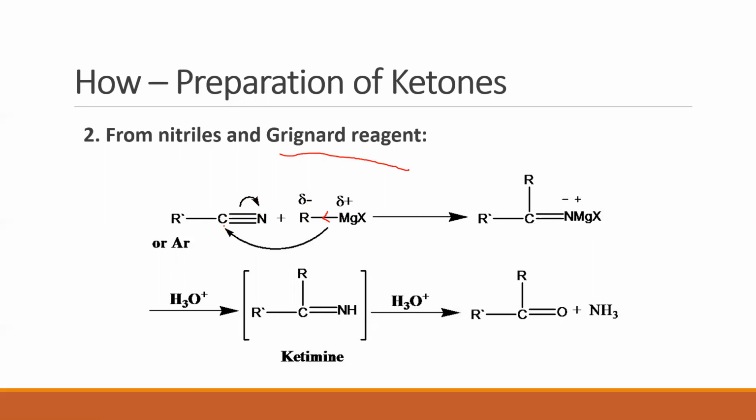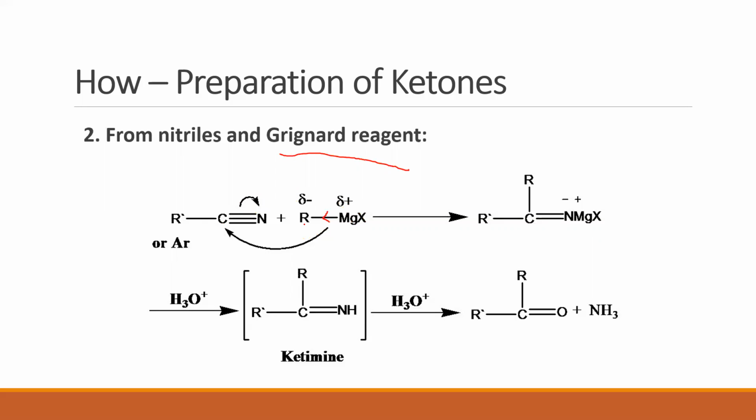The moment it happens, the carbon will have 5 bonds around it. In order to go back to its 4-bond structure, one of the pi bonds will break and go onto nitrogen to become the negative charge. Now this negative charge is used up by MgX to form a bond. So what's basically happening is very simple.